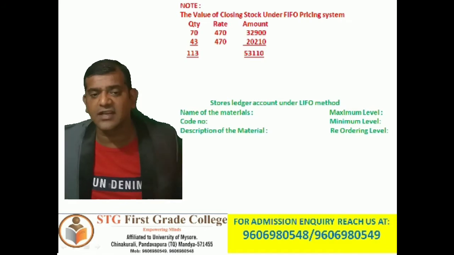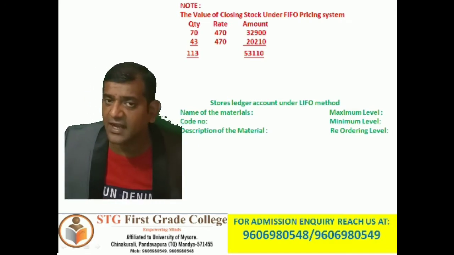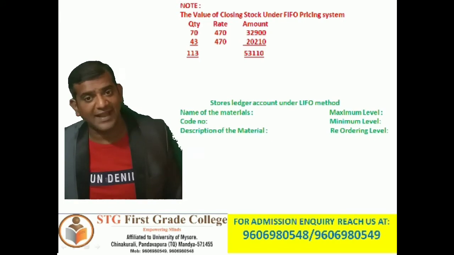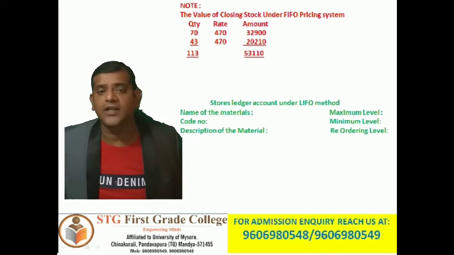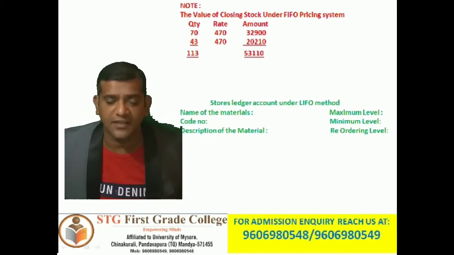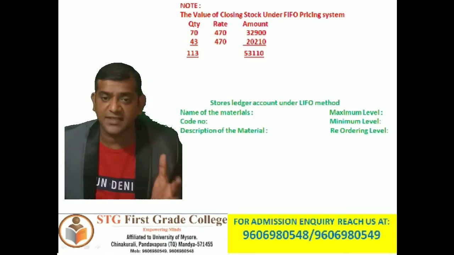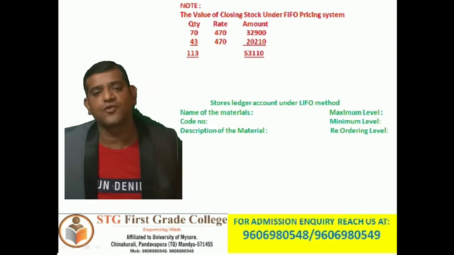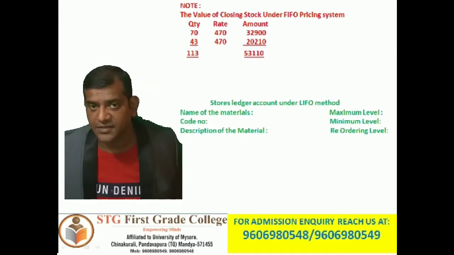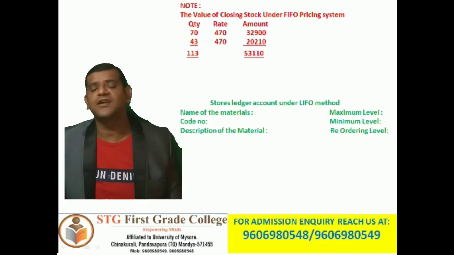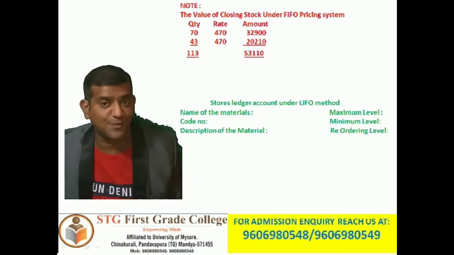And 43 tons, that is again at the rate of 470 rupees, 20,210 rupees. So add quantity. So you got 113 tons at the rate of 470 rupees, 53,110 rupees.